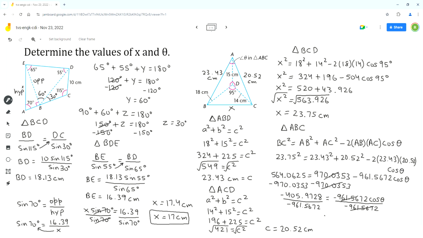I get. Next, we can do the inverse of cos. I get 65 degrees. So this should be the final answer for the second diagram.